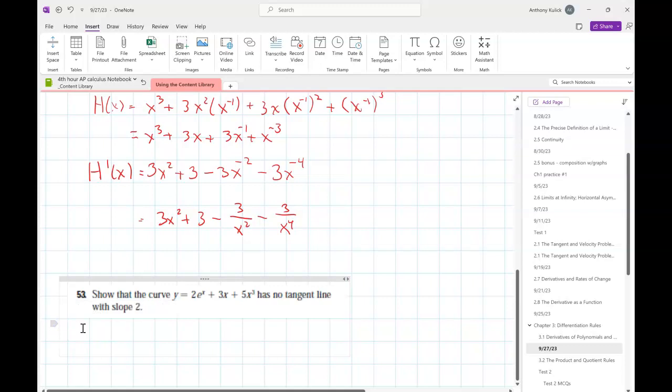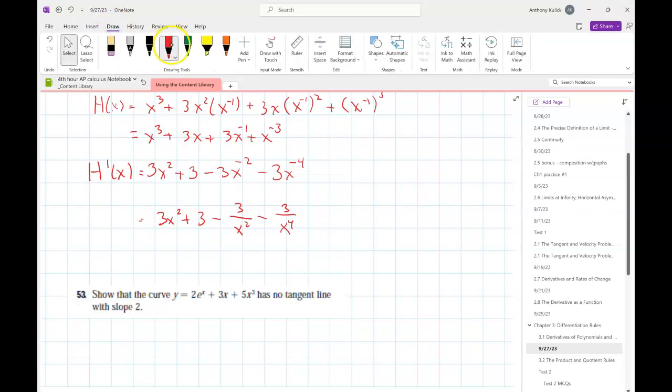So here it says, show that the curve y equals yada yada yada has no tangent line with slope 2. So, in other words, what this is asking is to show that y prime of x equals 2 has no solution.